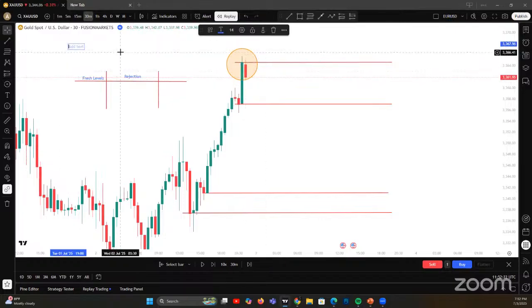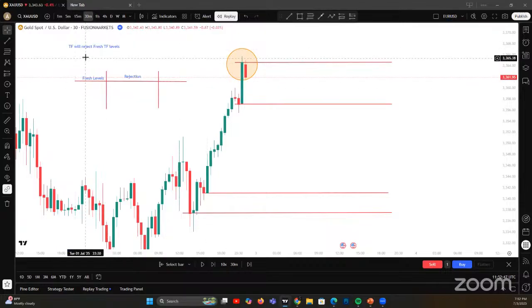Because in the Malaysian SNR formula, it's like this: time frame will reject fresh time frame levels. That's it. Write it in your cheat code.